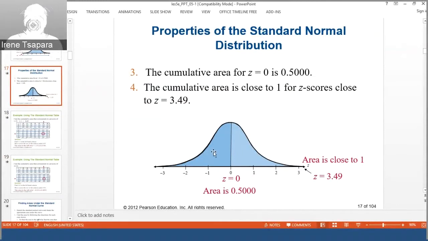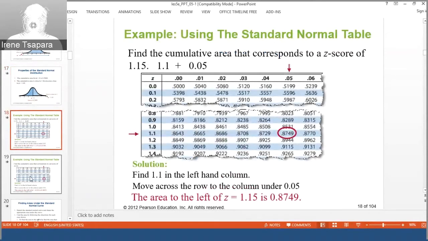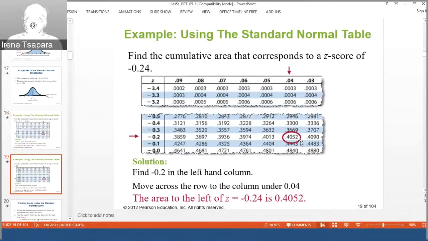Now, since this part of my area under the curve is the fattest part, cutting down this column right here from negative 0.24 to 0 means that I would cut a quite significant amount of possible X values. That's why I drop to 0.4052. So it is something that I would expect.